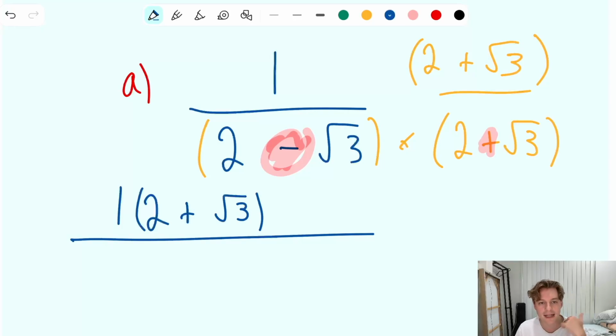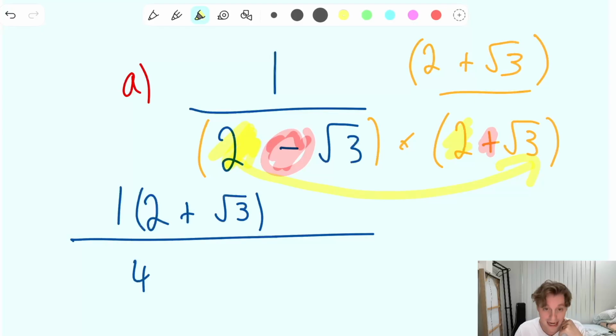And on my denominator, if I expand out my terms, I get 2 multiplied by 2. That is going to give me an answer of 4. I also get 2 multiplied by the square root of 3. That is going to give me plus 2 root 3. And if I do my second terms, I might change my color to green here.